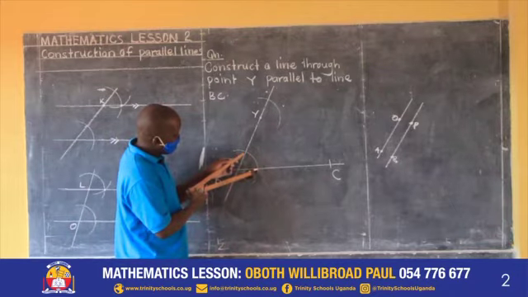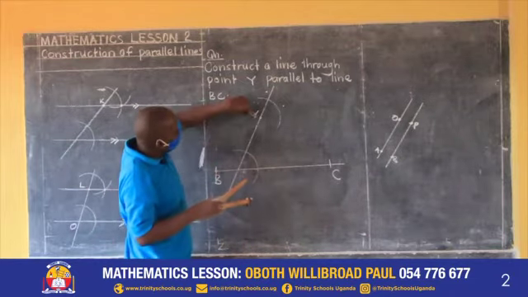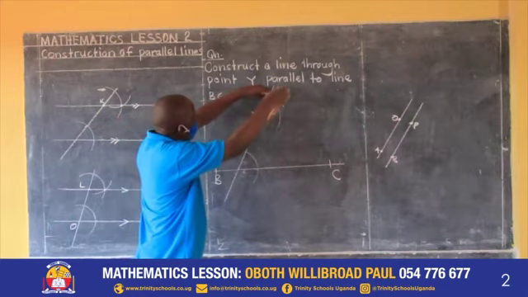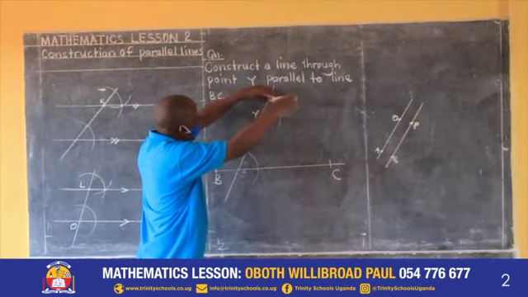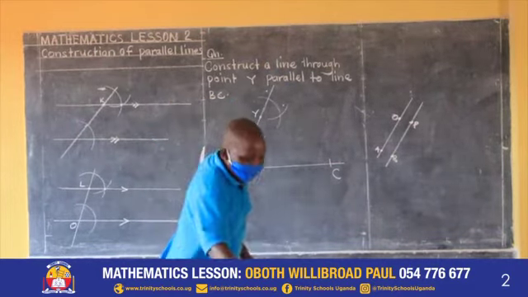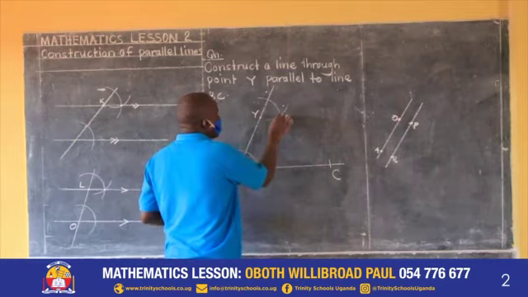So when you see that, that's the required radius. Don't put it here, but put it there. Place your compass there and draw an arc to cut that arc. And so it is cutting at that point.